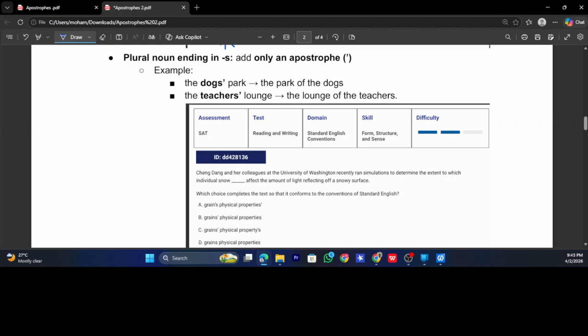Okay, for a plural noun ending in s, add only an apostrophe. So for example, the dogs' bark, the bark of the dogs. The teachers' lessons, the lessons of the teachers.